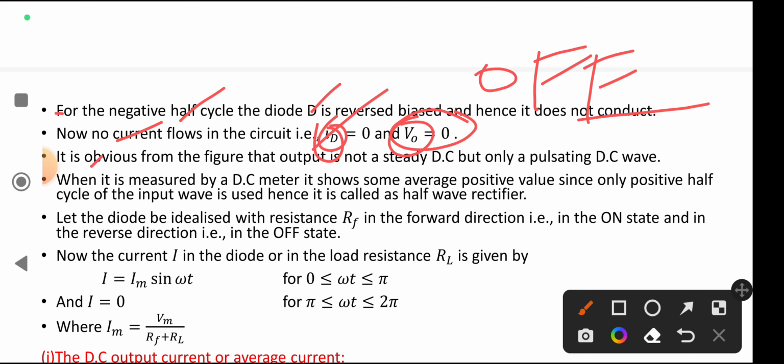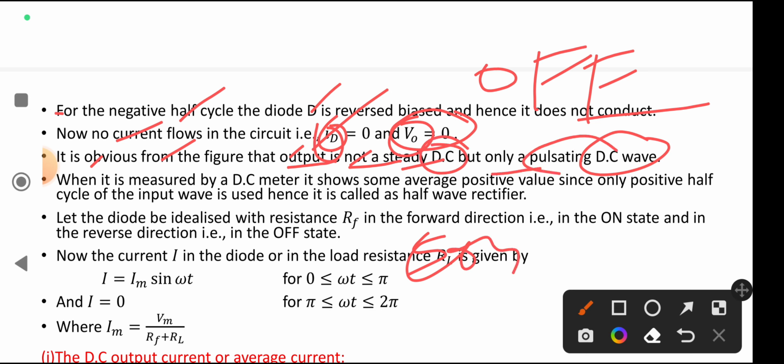Next, it is obvious from the figure that the output is not a steady DC but only a pulsating DC wave. So what he is saying is, from the figure the output is not a constant DC but only pulsating DC.